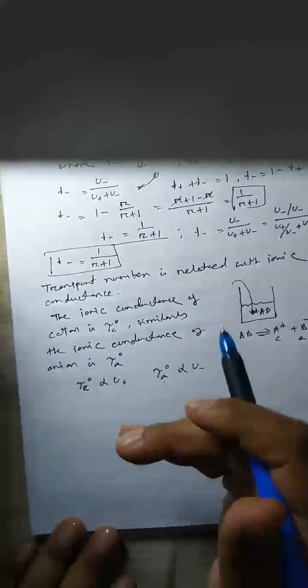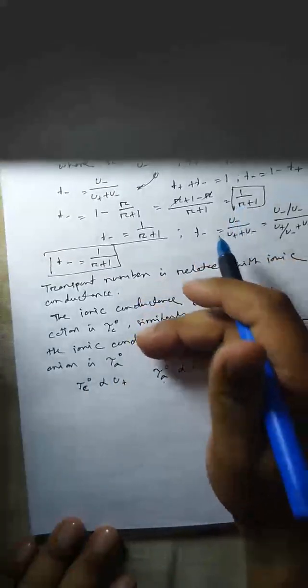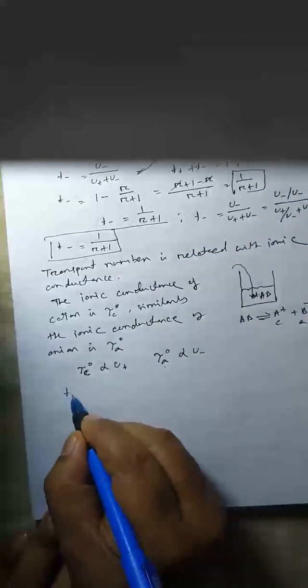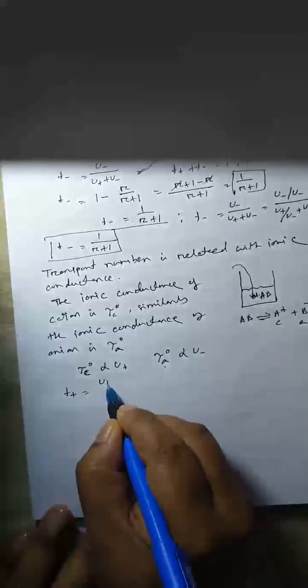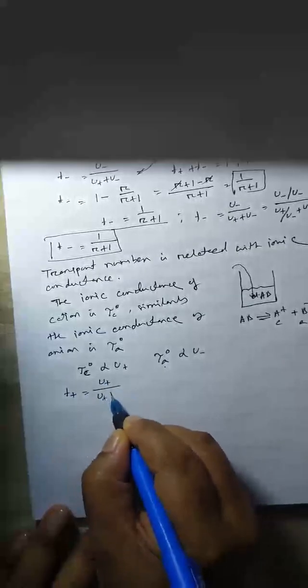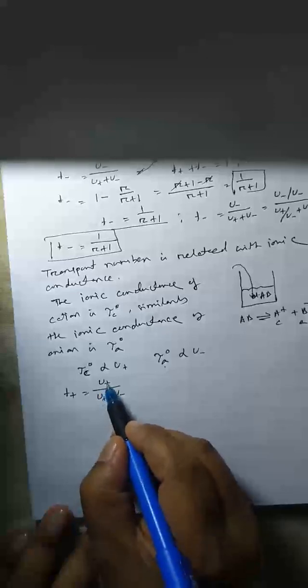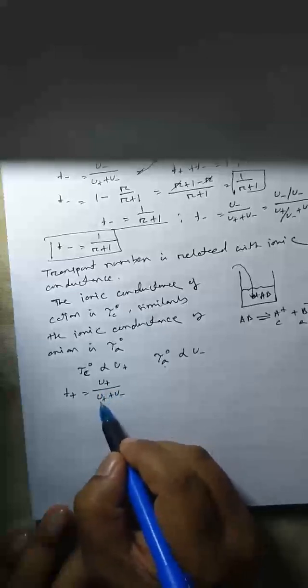If the speed of the cation is more, then the ionic conductance of the cation at infinite dilution is also more. If the speed of the anion is more, then the ionic conductance of the anion is also more. So all depends upon the speed. Similarly, we know that the transport number of the cation is u plus divided by u plus plus u minus. That means current carried by the cation, or speed of the cation, divided by the total current, or the sum of the speeds of the cation and anion.